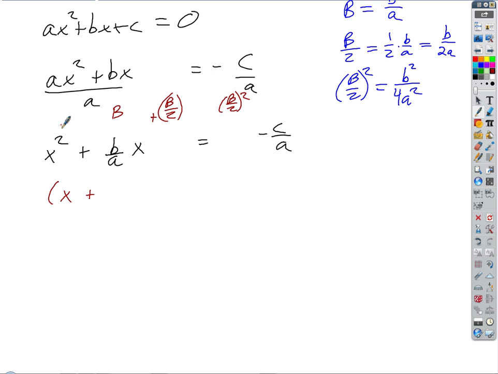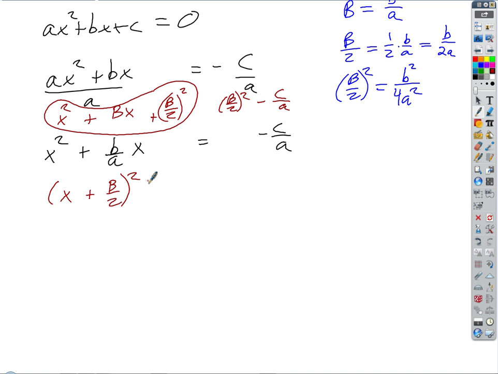What we've got right here is just X squared plus BX plus B over 2 squared, right? On this side it's just going to equal B over 2 squared plus whatever this is. What is this always going to factor to every time? X plus capital B over 2, quantity squared, right?